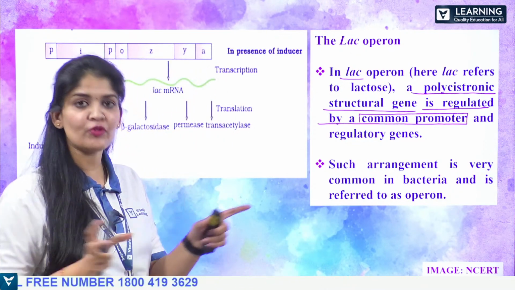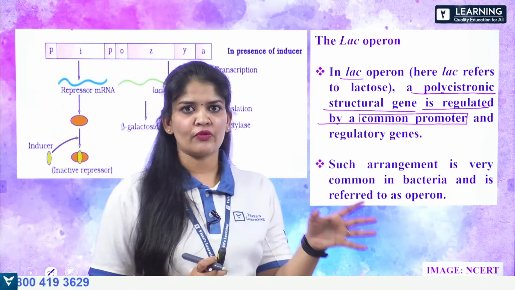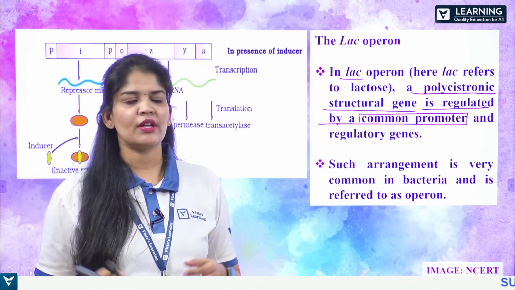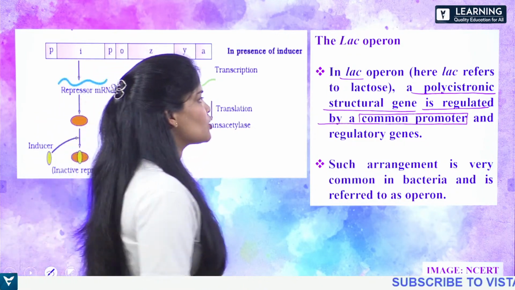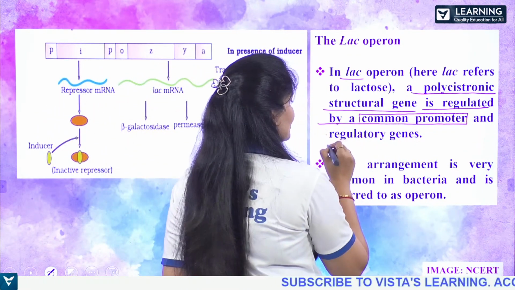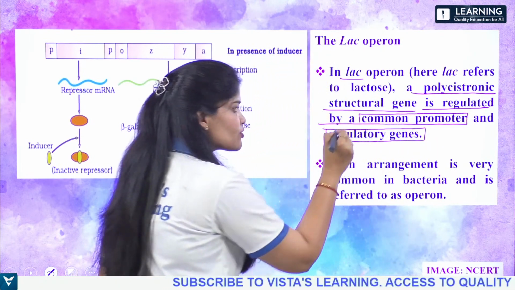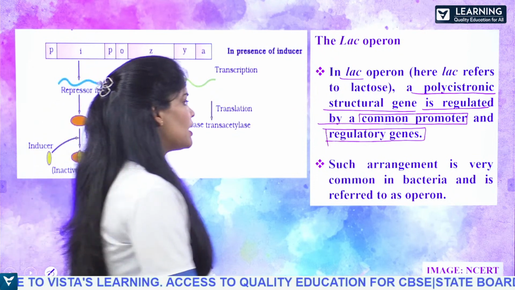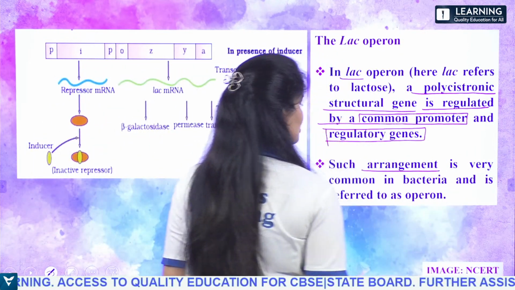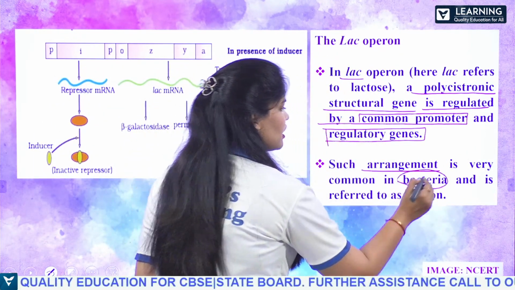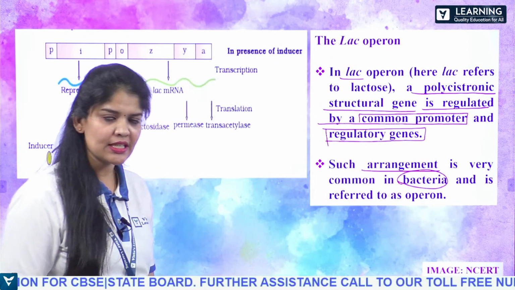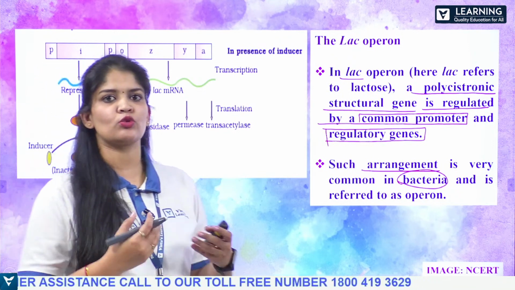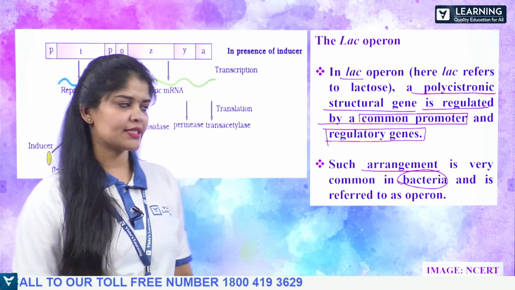That type of arrangement, where a cluster or group of genes is under the control of a single promoter, is called an operon. So, there is a common promoter as well as regulatory genes. These regulatory genes produce repressors. Such arrangement is very common in bacteria, where we find polycistronic genes. Polycistronic genes means genes which express to produce several proteins.